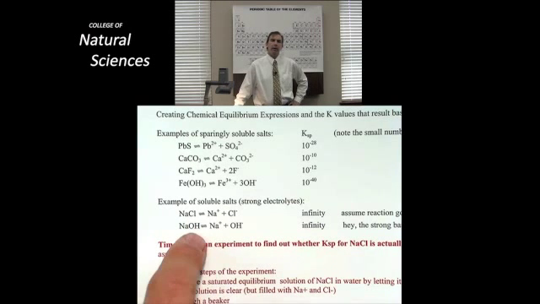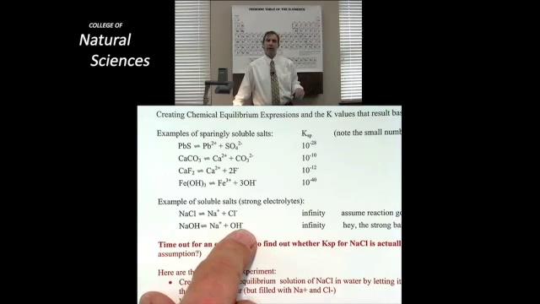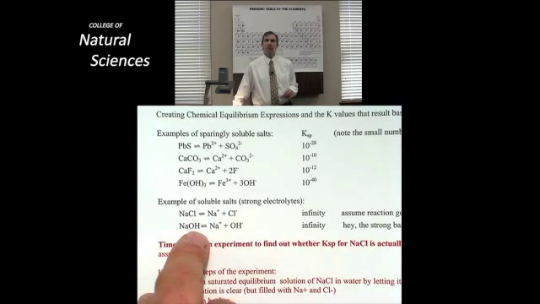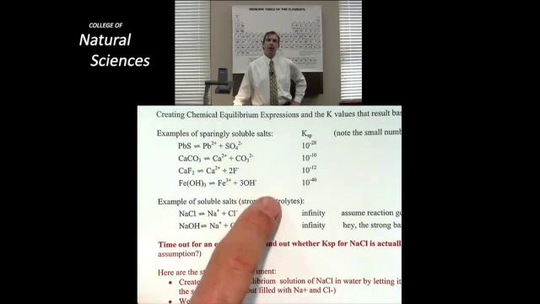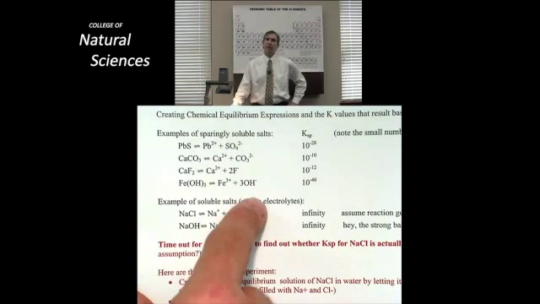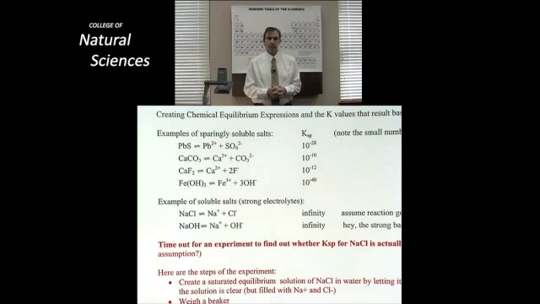If I start with 0.05 molar sodium hydroxide, then that's 0.05 and that's 0.05. That makes the calculations we're going to do moving forward enormously simpler. So in general, we will be making the assumption that soluble salts dissociate completely and go from there in working our problems.